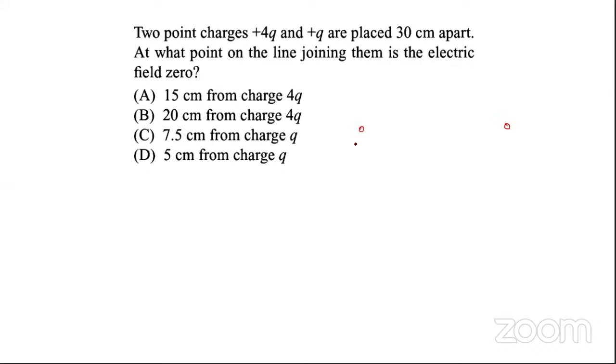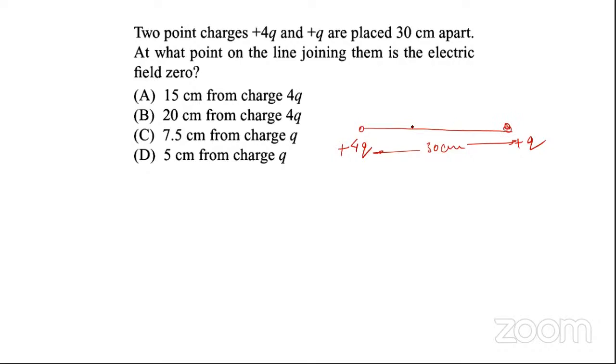Suppose these are the two charges, plus 4q and plus q. These are 30 centimeters apart. At what point on the line joining them is the electric field zero?